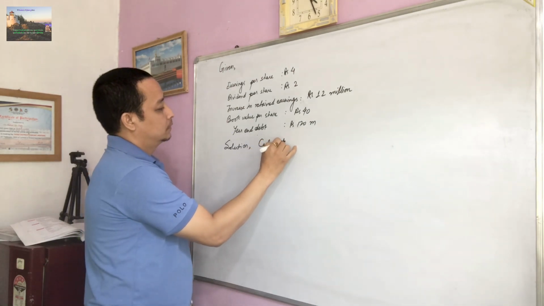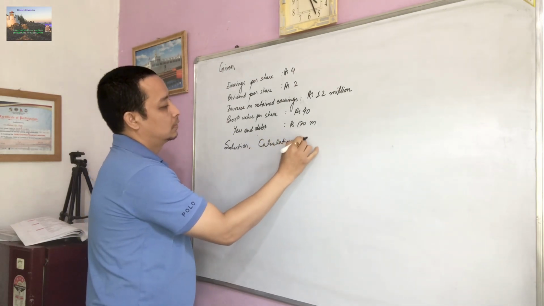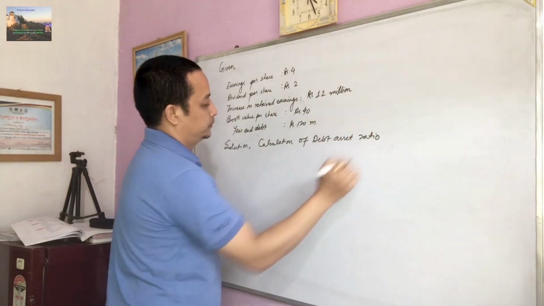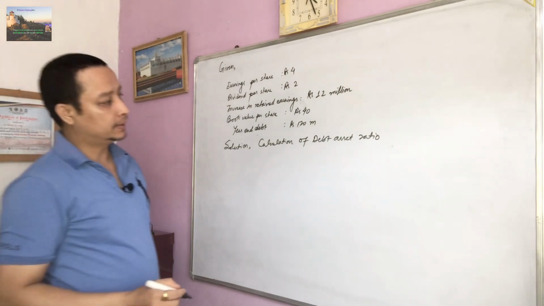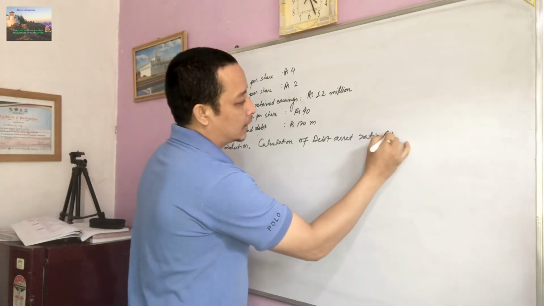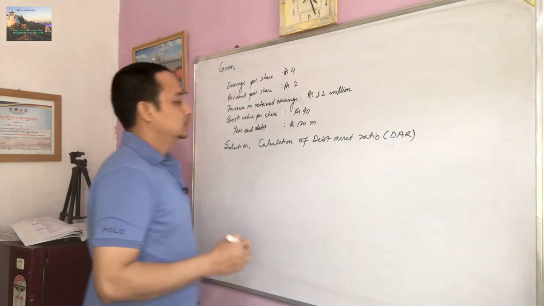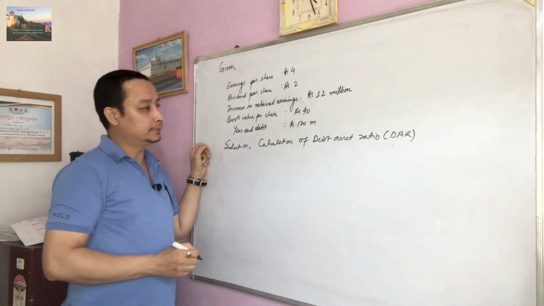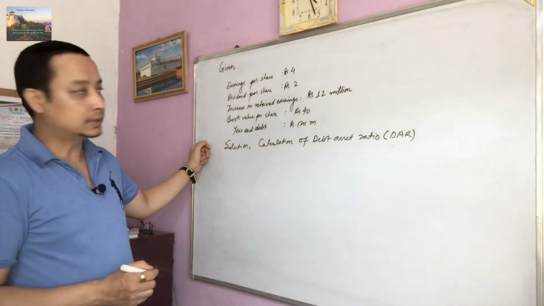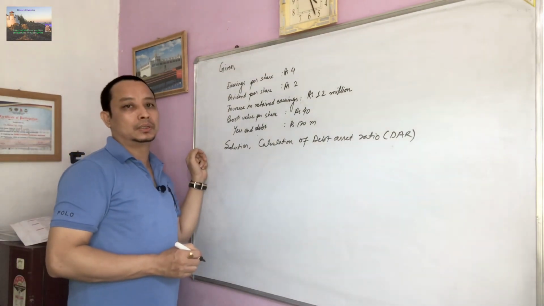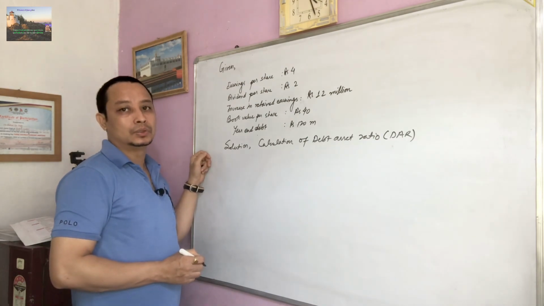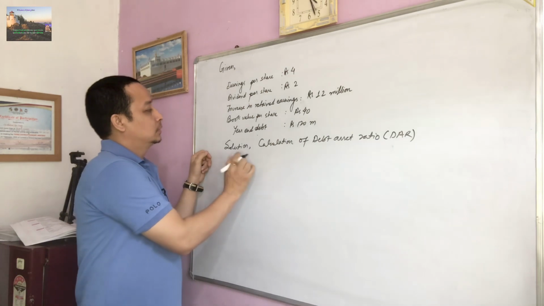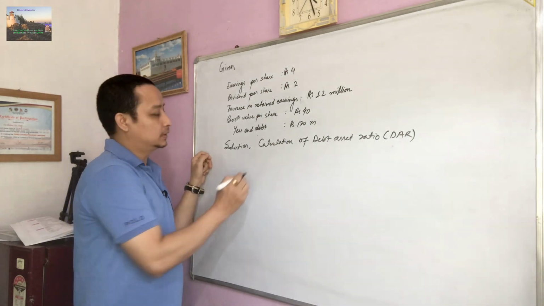Calculation of debt asset ratio. To calculate debt asset ratio, also written as DAR, first of all you have to find the number of outstanding shares and also the equity capital to find the total asset. So first let's find the retention per share.